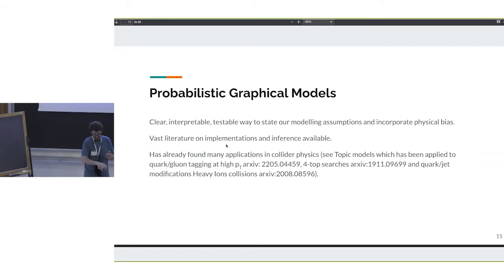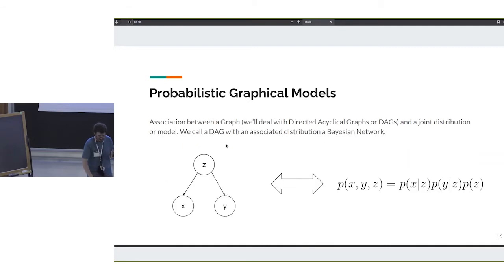I put here the arXiv links for anyone that wants to check them out. And the idea is that a probabilistic graphical model is an association between a graph and a joint distribution. The joint distribution is your model. The graph is a very intuitive way to express it, and also very helpful because it can lead you to some properties that can be hidden in the joint distribution.